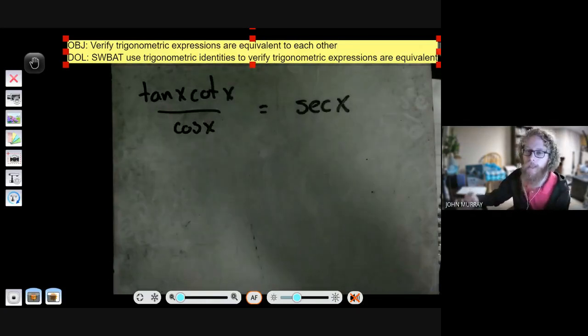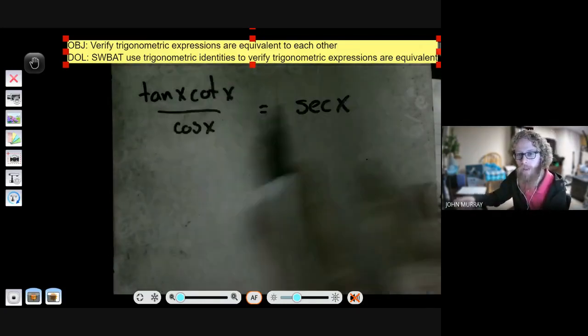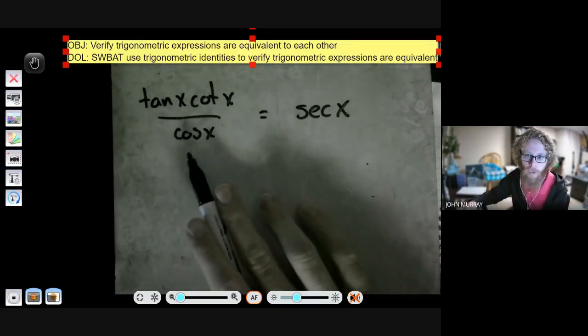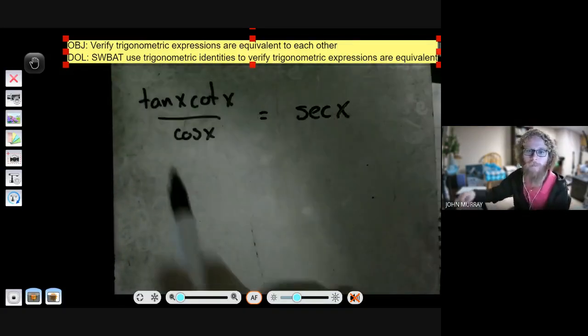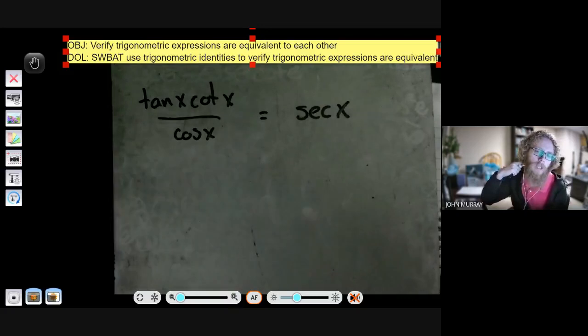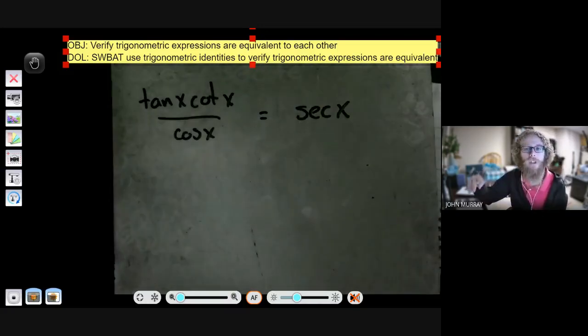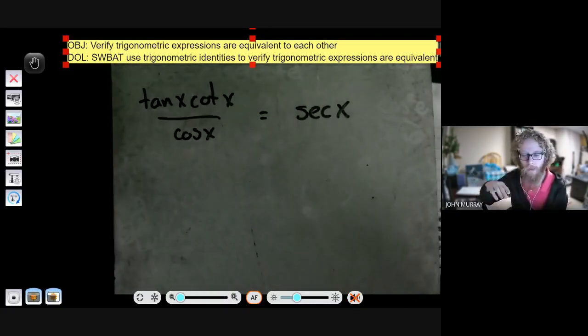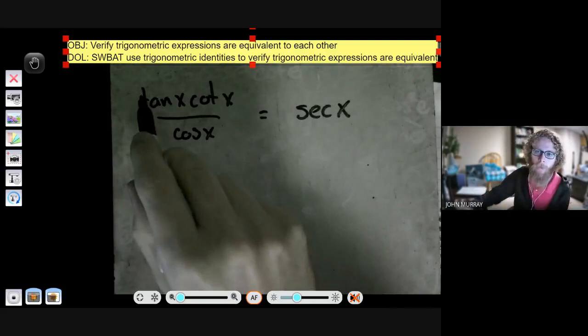We want to focus on one side. So I have tangent, cotangent, and cosine. The cosine, remember, is one of our basic ones, sine and cosine, so I'm going to leave that alone for now. Tangent and cotangent, I don't see any addition. I don't see any squares, so I'm not going to use Pythagorean identities. So let's use some of our quotient identities.